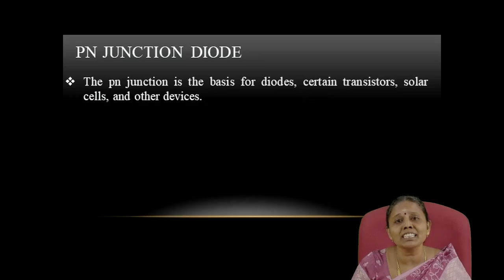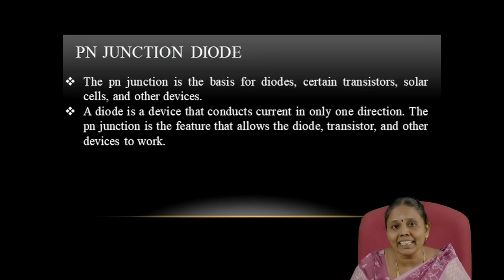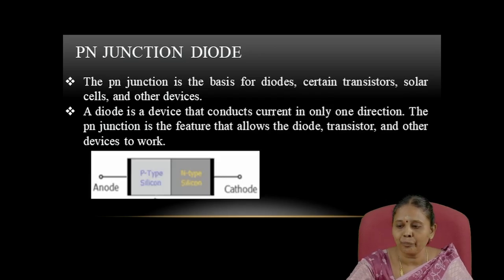Normally, the PN junction is the basis for all kinds of diodes, certain transistors, solar cells and other devices. It is a device that conducts current in only one direction. So, it holds the future that allows the diode, transistor and any kind of devices to work.